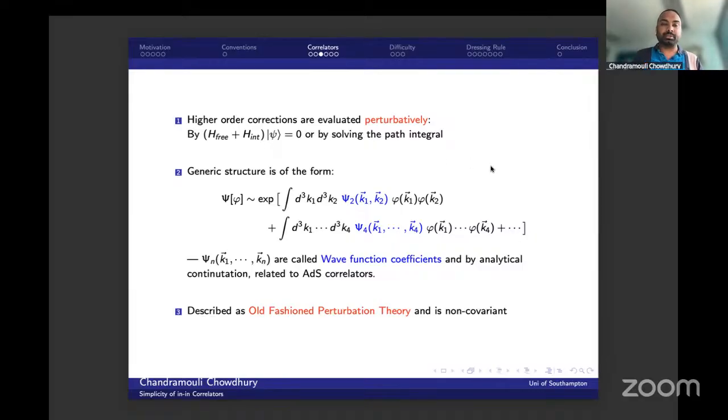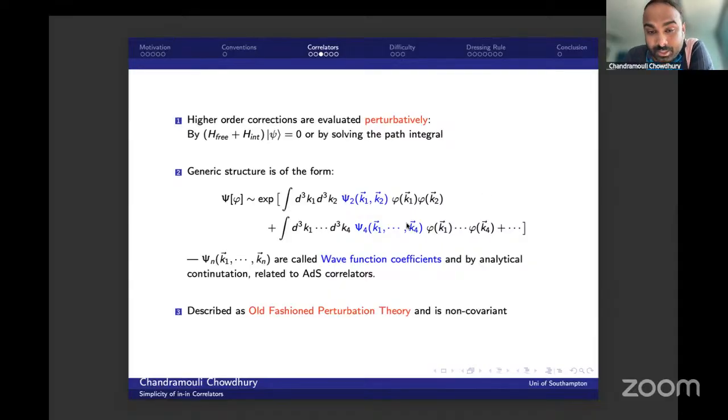Often the solution for this equation, or even the path integral representation that I had, can be expressed in this form, where you have a wave function coefficient like this, which multiplies 2 phi's, and then some coefficient like this, which multiplies 4 phi's. This is exactly how you would write down a perturbative solution in quantum mechanics, except that now my wave functions are dependent on momentum.